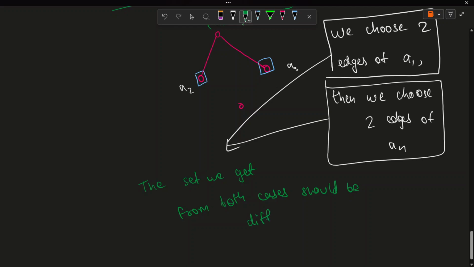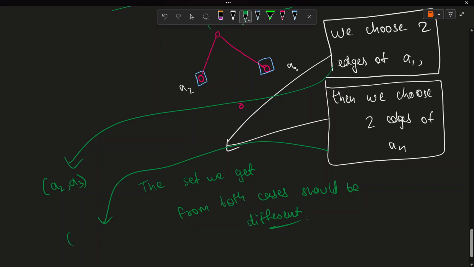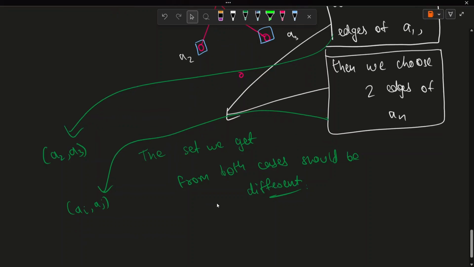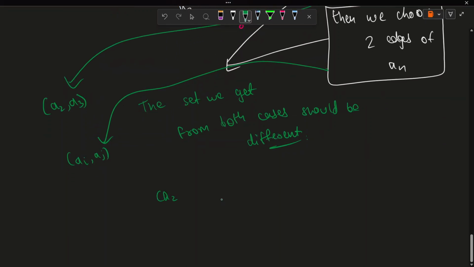What this means is that suppose from this case I get A2, A3, just for an example. And suppose from the second case we get, say, AI, comma AJ. Then the set A2, A3 should not be equal to the set AI, AJ.